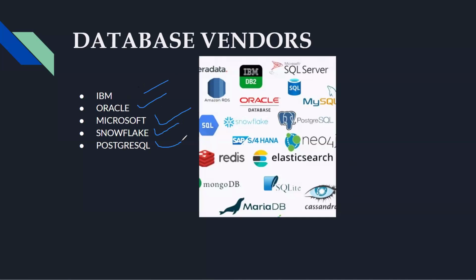So depending on the requirement, my requirement or the project requirement, we will select the database vendor: PostgreSQL or MySQL or Microsoft SQL Server, Oracle database, Snowflake, HANA, MongoDB, MariaDB, Cassandra. There are multiple databases available in the market. But what is my main use?